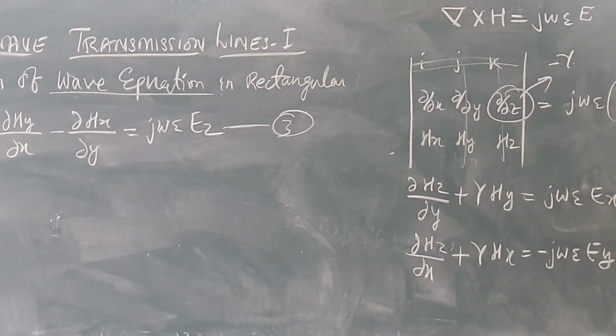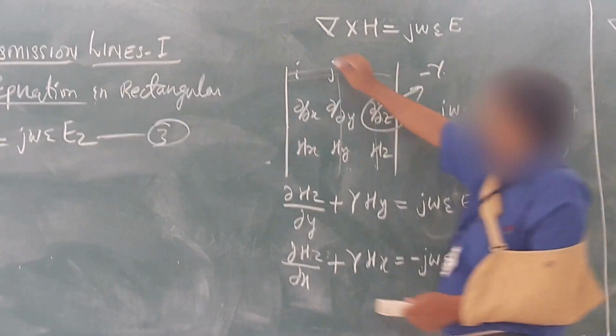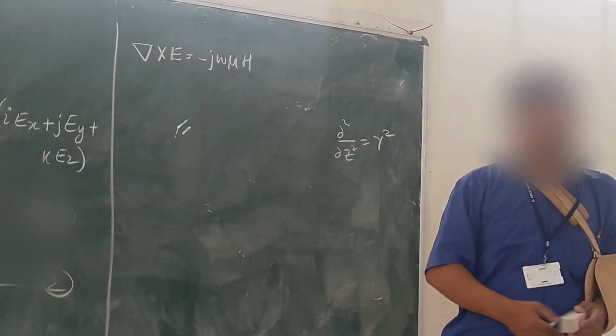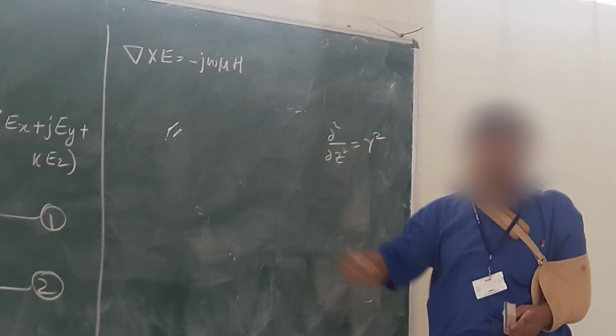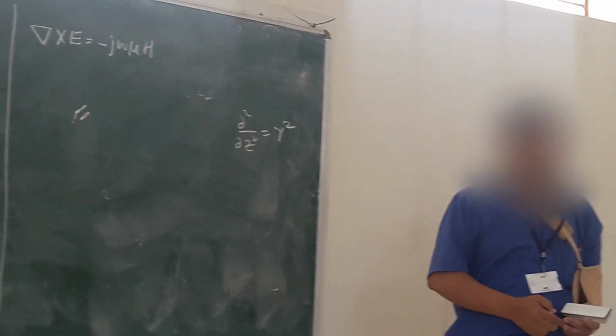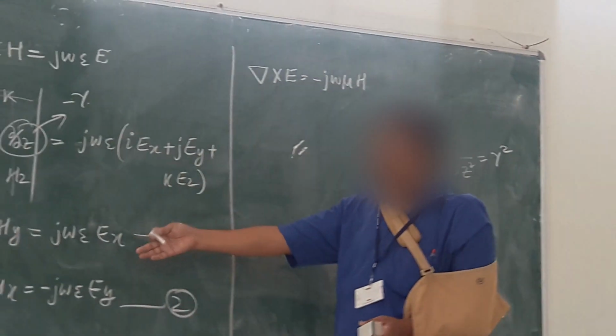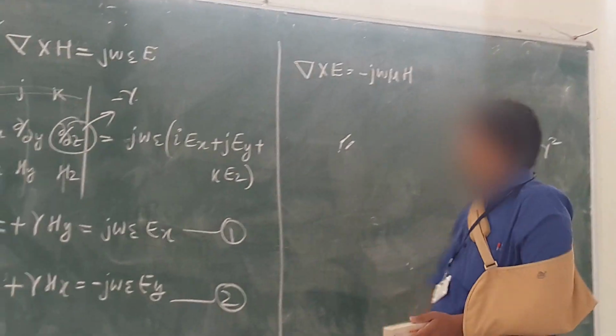These three equations we got for your curl H. So for your magnetic field, we got these three equations. Similarly, you can solve for your curl E also. For the electric field also, you can get the equations. Just whatever is there, from that you can write.